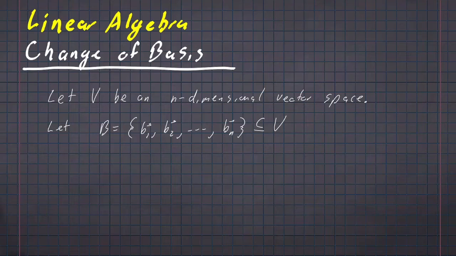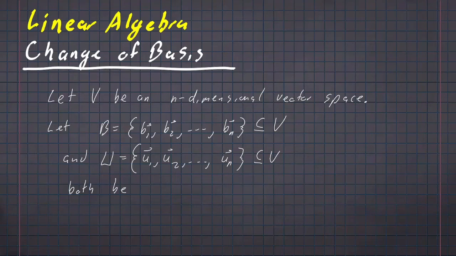And let's take set U, which is also going to have n vectors, U1, U2 through to Un. Both be a basis for V.